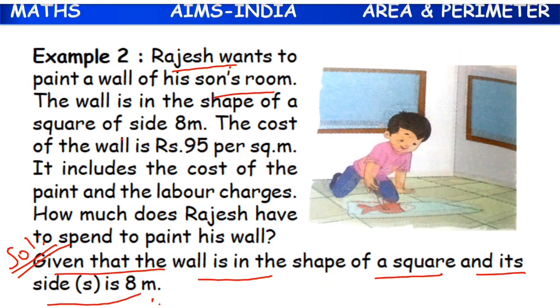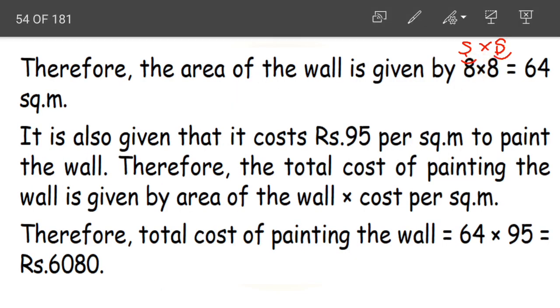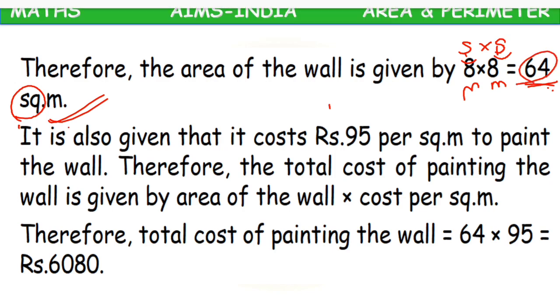As S is equal to 8 meters, S into S is nothing but 8 into 8. 8 into 8 is equal to 64. As it is area, we are writing the square, and then here the length of the side was given in meters, so square meters. Is this clear, children? The first part of the question. What did we do? We found out the total area of the wall that will be painted. It is nothing but 64 square meters.